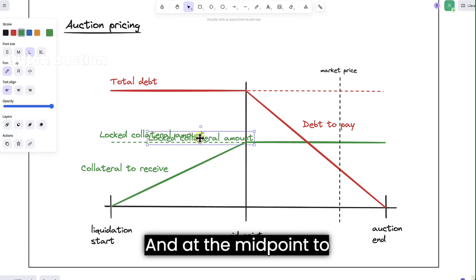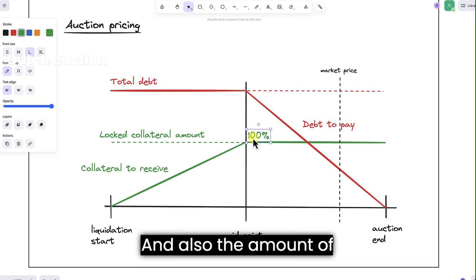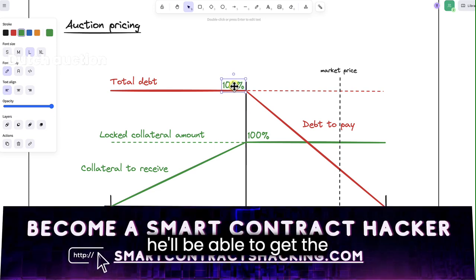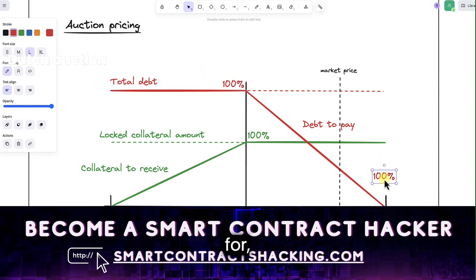And after the midpoint, the amount of collateral that the bidder will receive is 100%, and also the amount of loan that he has to pay will decrease over time, so that at the end of the auction, he'll be able to get 100% of the collateral for almost no debt.